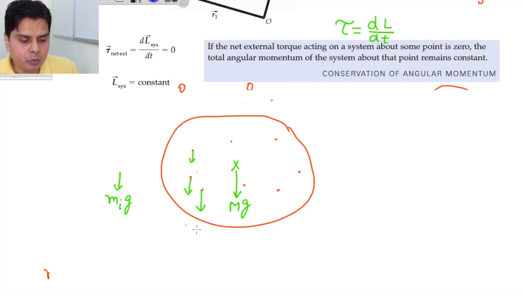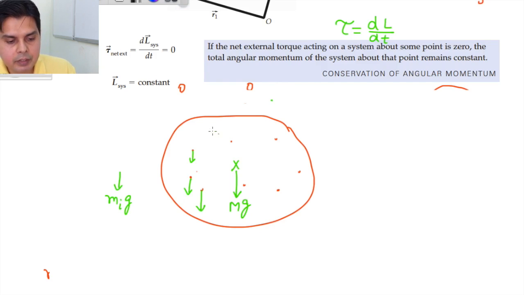You see, suppose I have got a body. This is a collection of different particles. Now just consider, say, gravitational force. Each gravitational force can be represented by this green line, that is m_i g, where m_i is the mass of the particle and g is acceleration due to gravity.